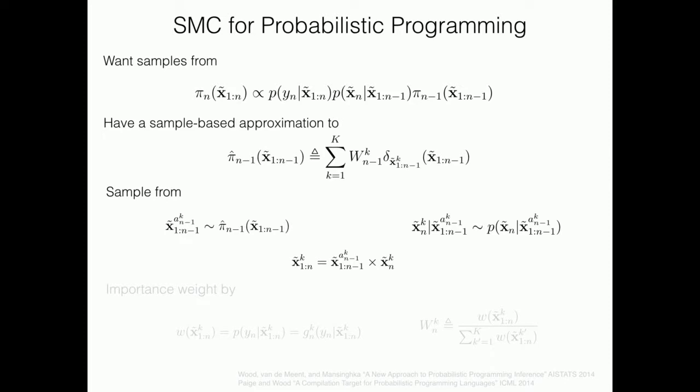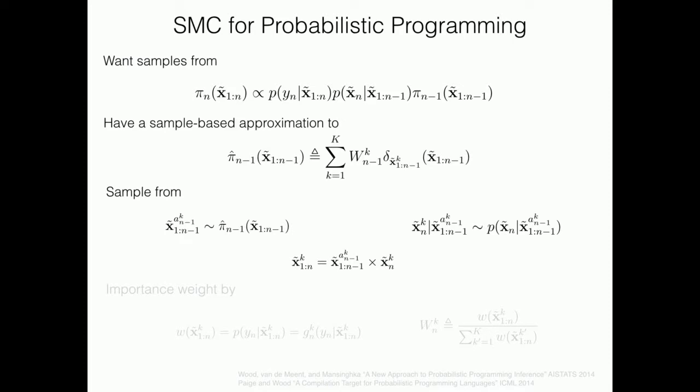Okay? So what do we do? Well, if we want samples from this guy, it's pretty clear what we have to do. We have to sample from this, then we have to run the program forward, or we have to generate x twiddle in somehow, and that's just going to be running the program forward. And we have to then compute some sort of side effect related to the probability of yn, given the continuation of the program.